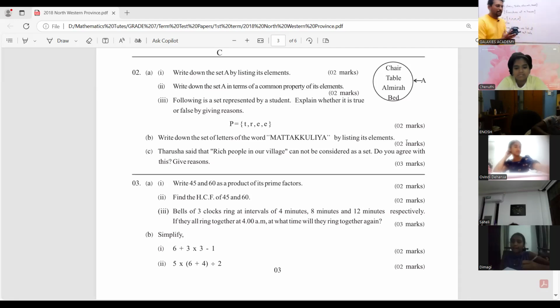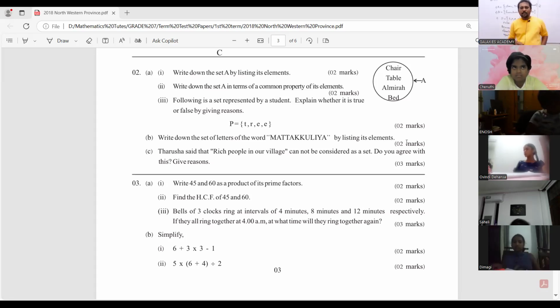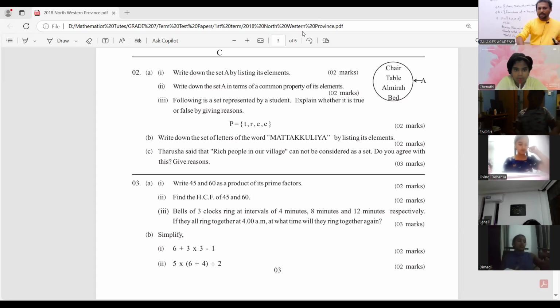Right, Mattakuliya. This question does not give the name of a set, no? Normally we can use capital English letters. Right, how can you write the elements of Mattakuliya?